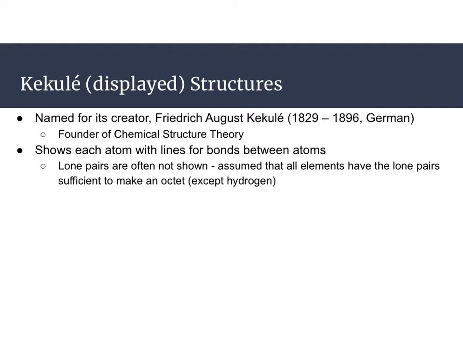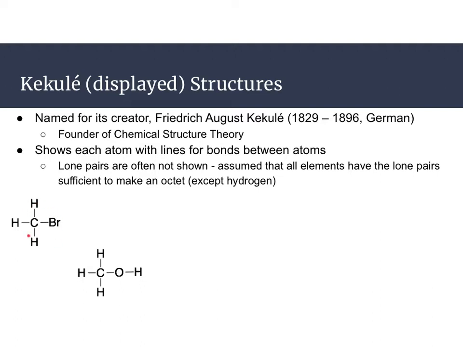So you assume that when someone has drawn a Kekulé structure, that they understand the octet rule and that all of those elements are obeying the octet rule, except for hydrogen, which is the duet, so no lone pairs there. But you make the assumption that those lone pairs that would complete an element's octet are present on that molecule.